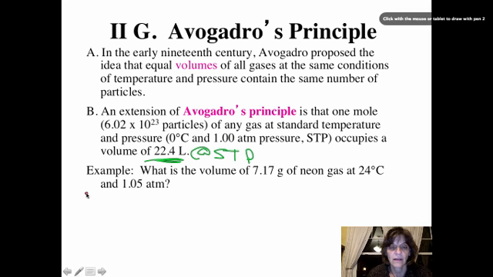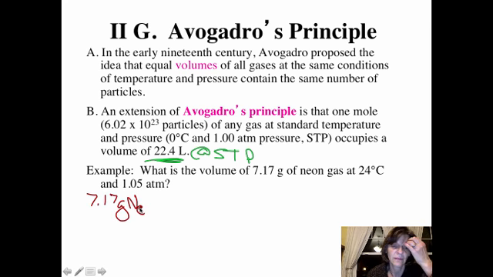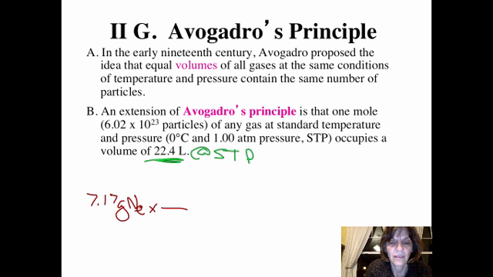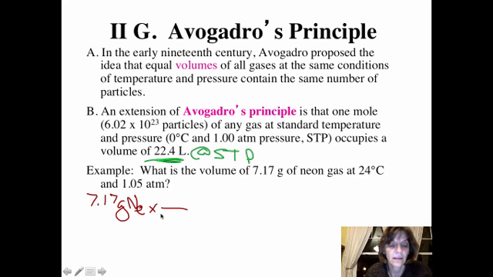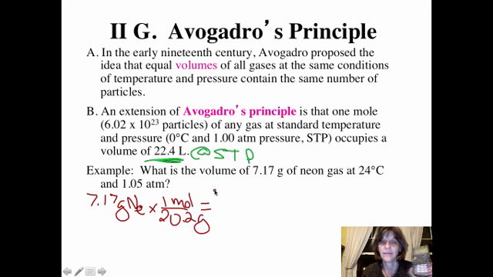We have 7.17 grams of neon, and the molar mass of neon is 20.2 grams in 1 mole. Got my calculator. Hopefully you've got yours too.